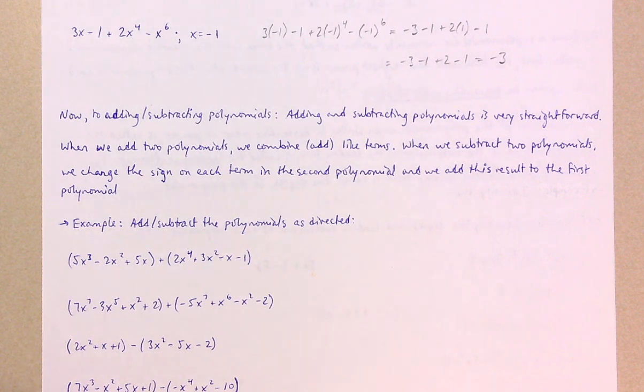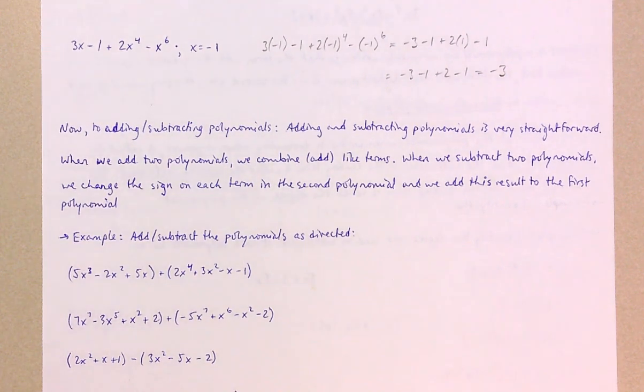When the operation is specifically subtraction, though, we have to change the sign on each term in the polynomial that's listed second, and then we'll add this result to the polynomial that is listed first. So, let's go through some samples here.